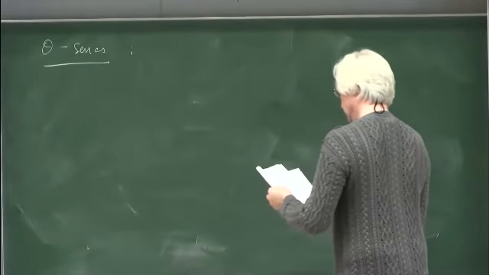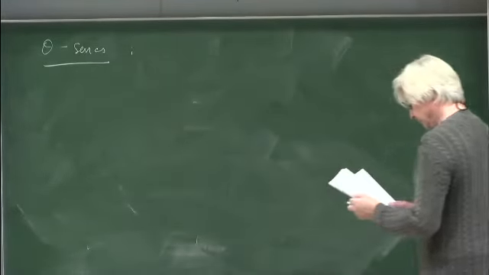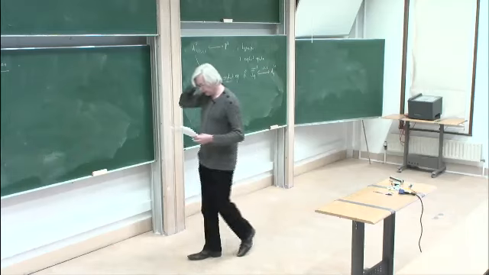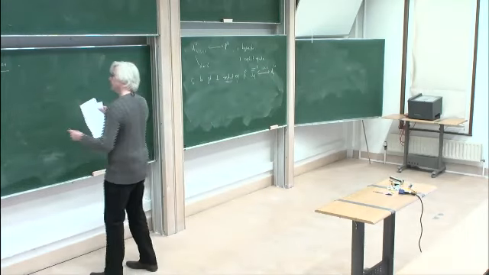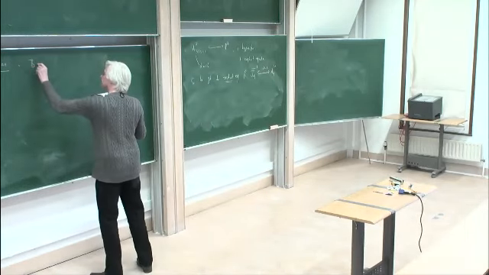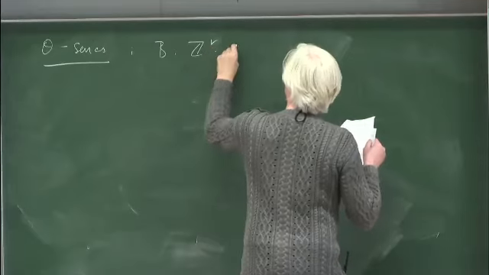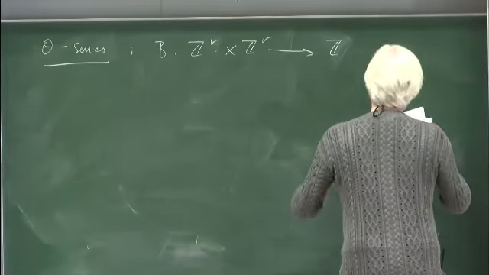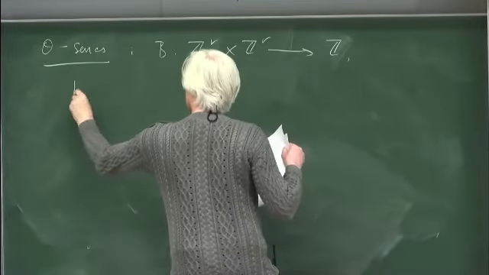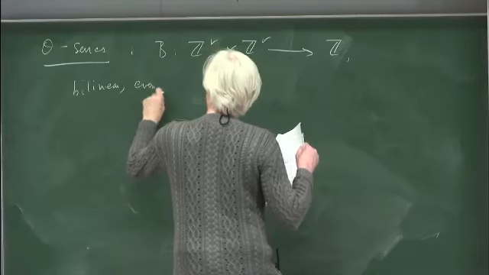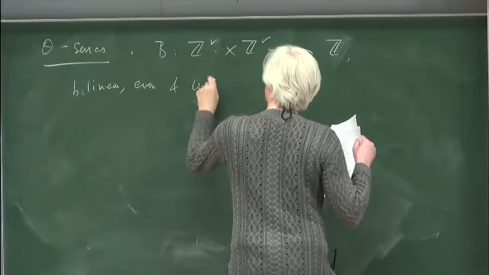All right, I have to confess, I have a hard time distinguishing between bilinear forms and quadratic forms. You'll have to put up with that. Suppose I have B, Z^r cross Z^r to Z, bilinear, even, and unimodular.